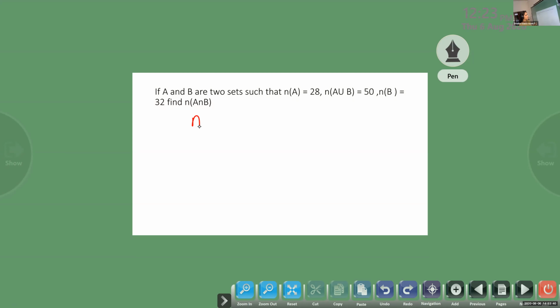For the 2 sets A and B, what is the formula? n of A union B is equal to n of A plus n of B minus n of A intersection B. The inverted U symbol means intersection.